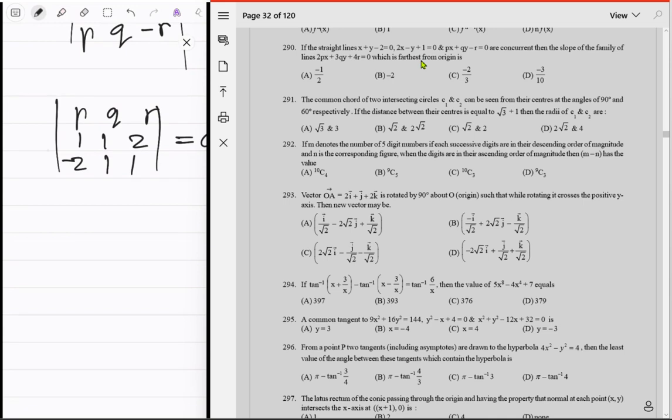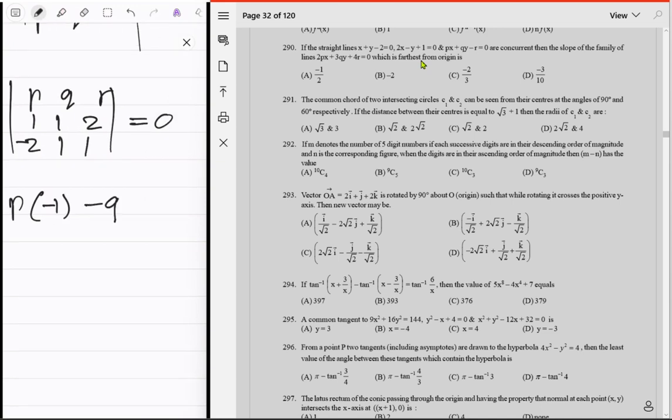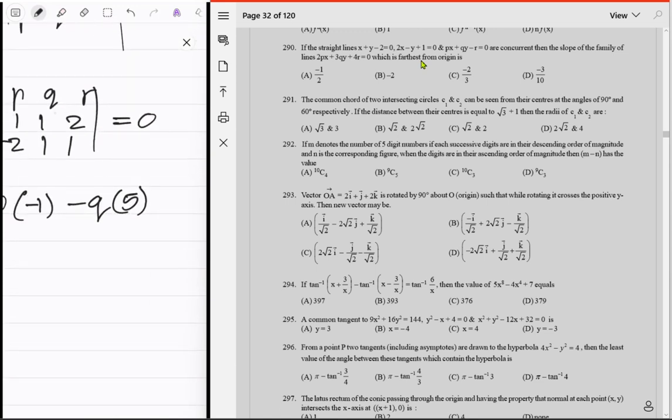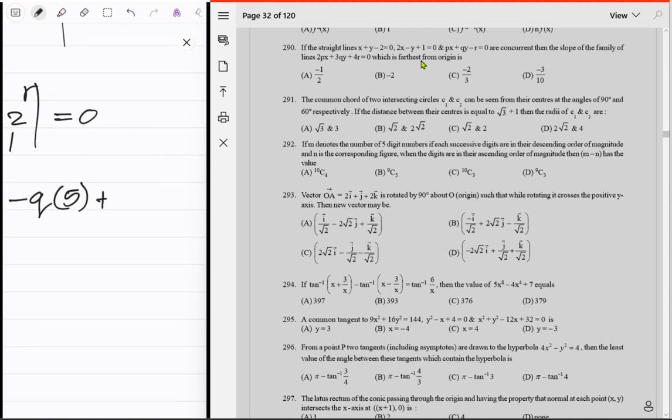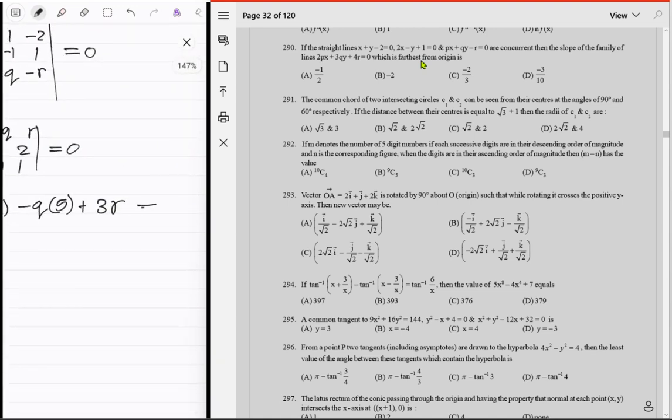It's like p times of 1 minus 2, just negative 1, then minus q times 1 plus 4, which is 5, plus r times 1 plus 2, which is 3, plus 3r, I guess, equal to 0. So what we're saying is like what?